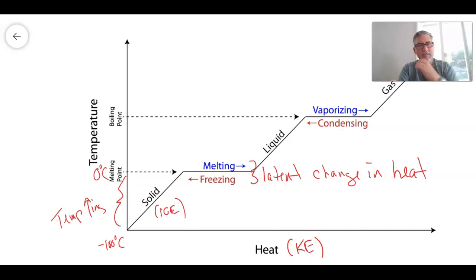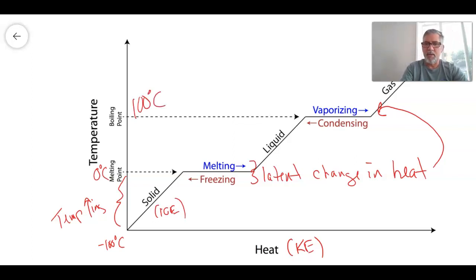At a latent change of heat, temperature doesn't change, but heat energy changes. This stays at 0 until it's completely liquid. Once we're at liquid, increasing kinetic energy increases temperature until we get to the next phase change, vaporization and condensation. Again, this latent heat occurs here too, and that would be 100 degrees Celsius.